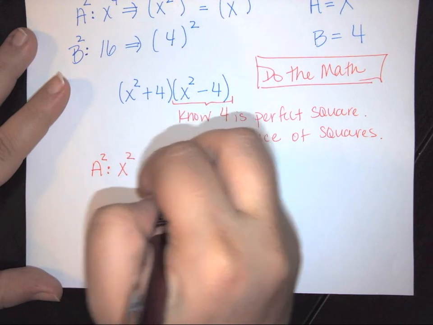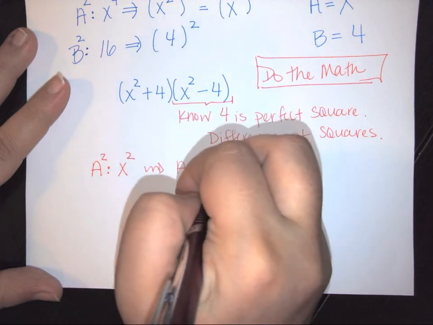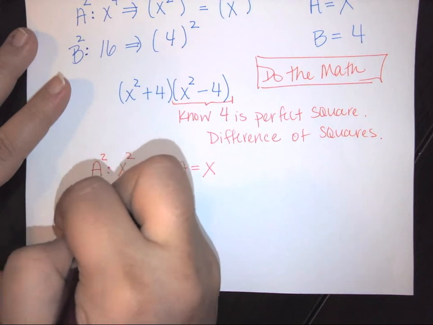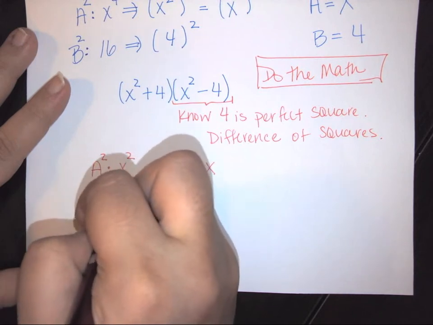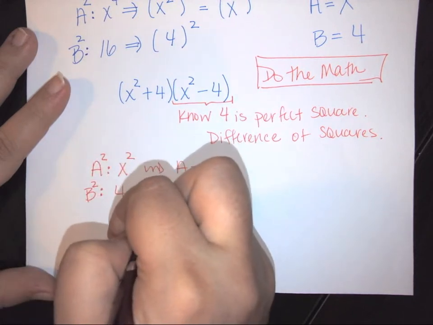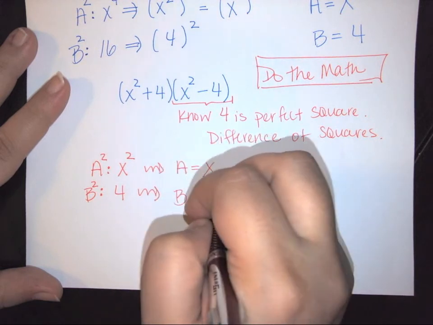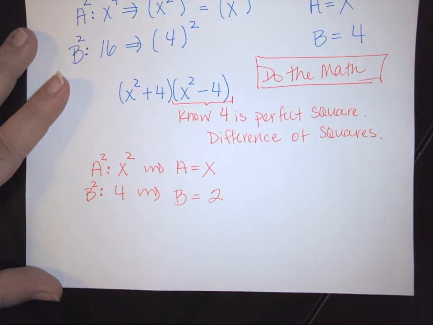Thus, my a is going to be x. My b squared term comes from 4. So this means that my b is going to be 2. And why is that? Because 2 squared is 4.